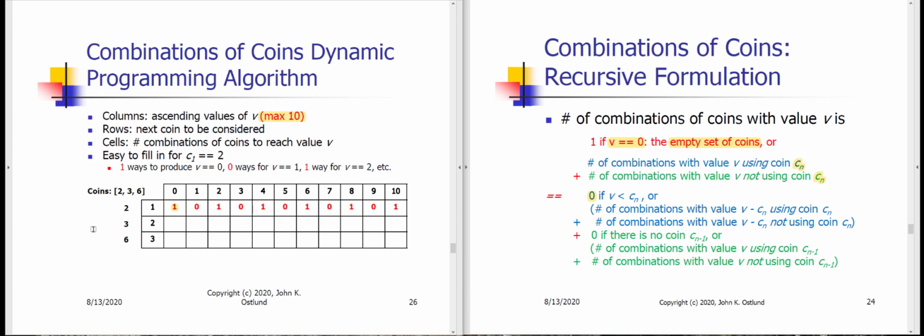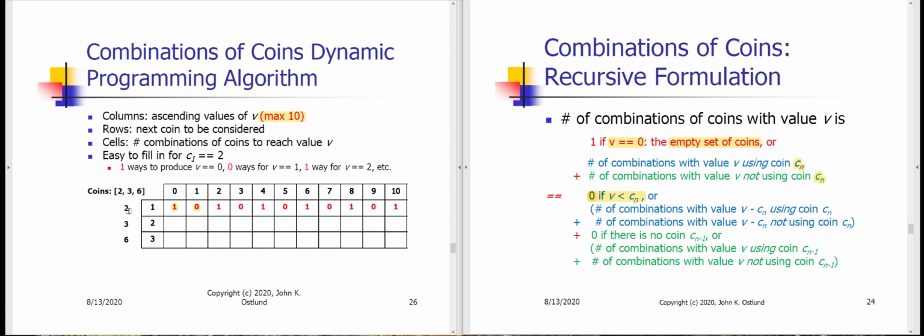Okay, so there is one way of producing a change of 0 with just a coin with a value of 2 cents, which is the empty set, no coins. There are 0 ways of producing a value of 1, and that's from this condition here, where the value that we're trying to produce is less than the coin, so that's a 0, plus another 0 because there are no other coins. So we get a 0 plus 0 is 0 for that case.